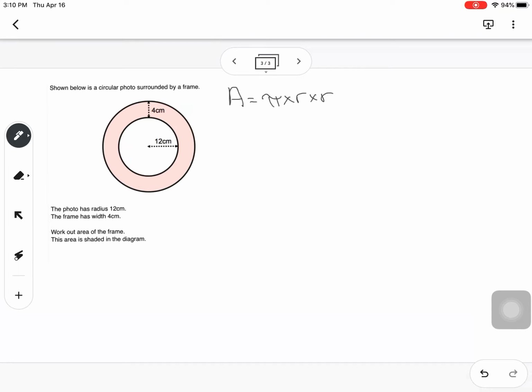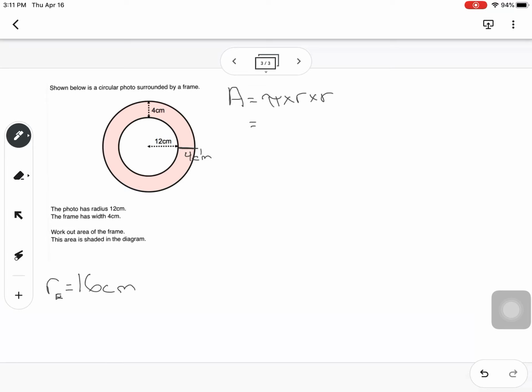And we want to then decide, well, what's our radius of the entire circle? We know the inside is 12 centimeters, and the width here, how long is that? 4 centimeters. So what would the radius of the entire circle be? 16 centimeters. So radius of entire is equal to 16 centimeters.